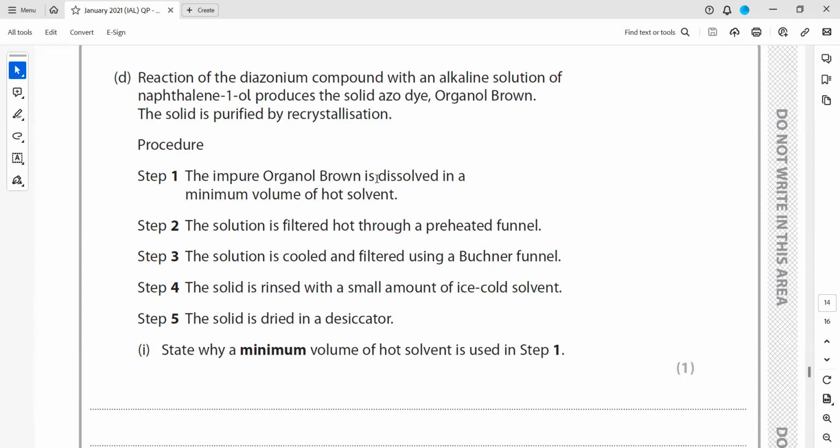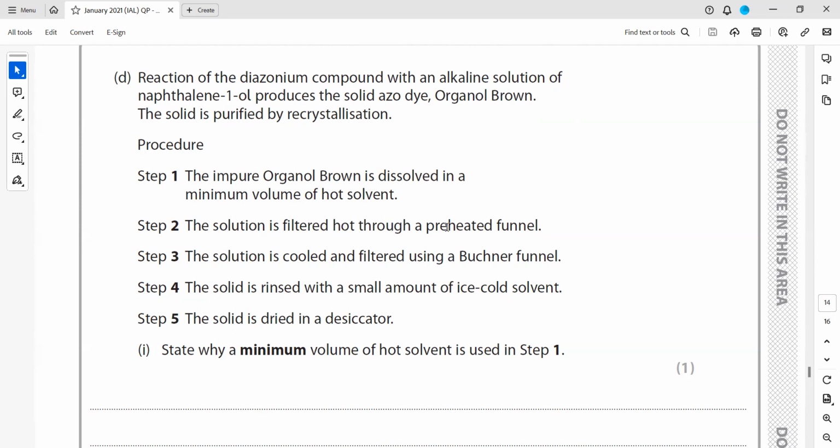Otherwise, if you take a large volume of hot solvent, then when you do recrystallization, not all may appear. That's why we take as small a volume as we can, so that when we do crystallization, the crystals will appear.